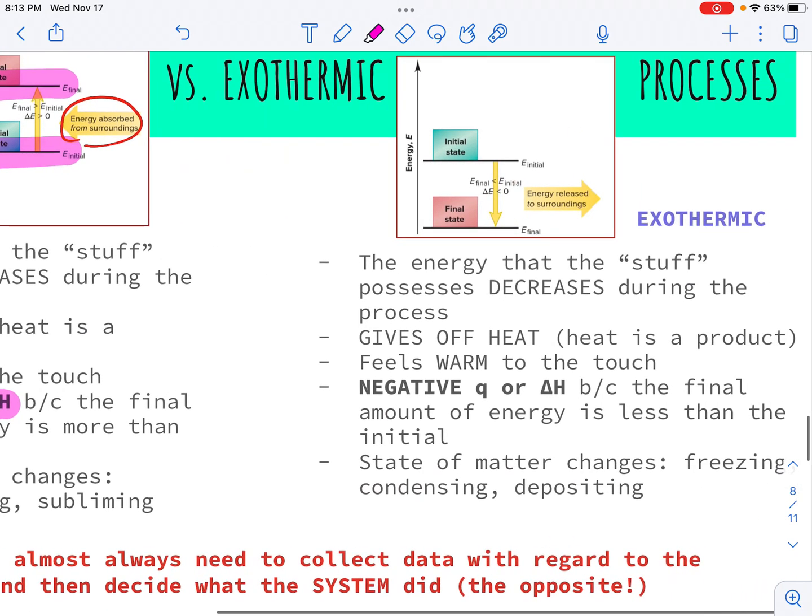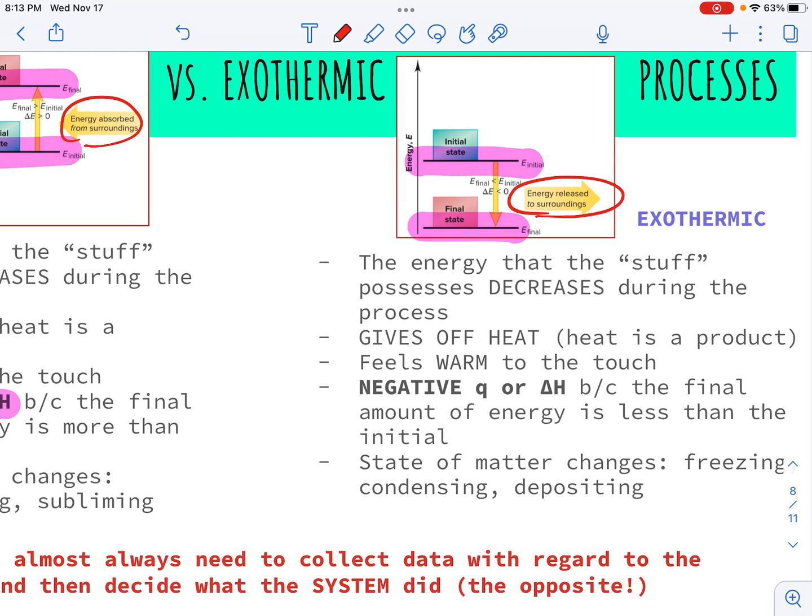We're going to look at exothermic. Notice that in an exothermic process, where I start actually has more energy than where I end. So where I end, my stuff has less energy inside than it used to. This means that it had to release energy to the surroundings. This is exothermic. Energy exits my stuff. All right, so the amount of energy that it has decreases.